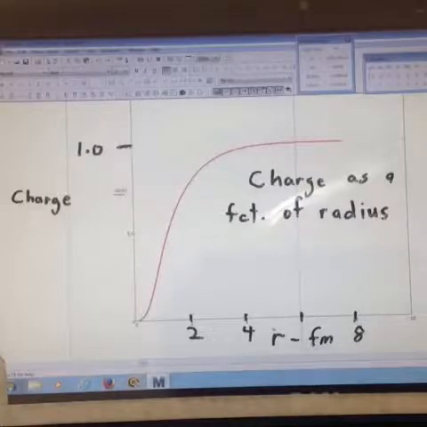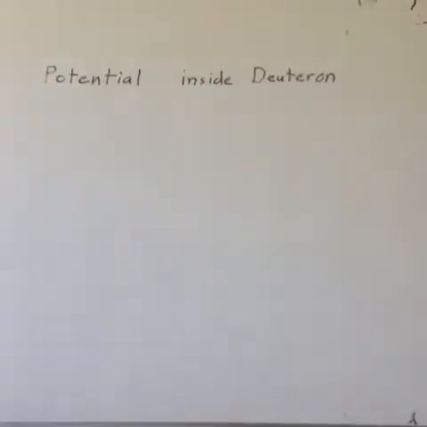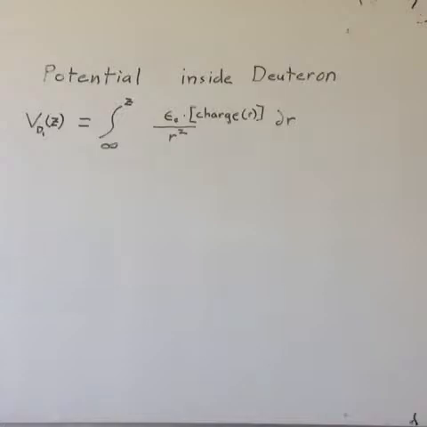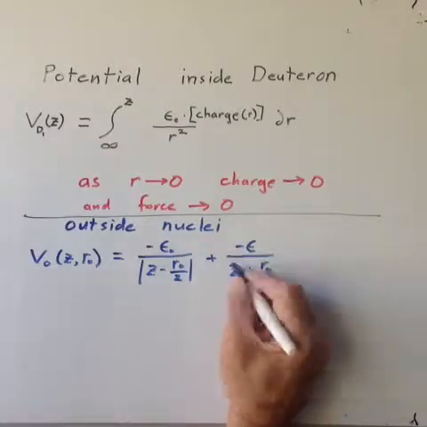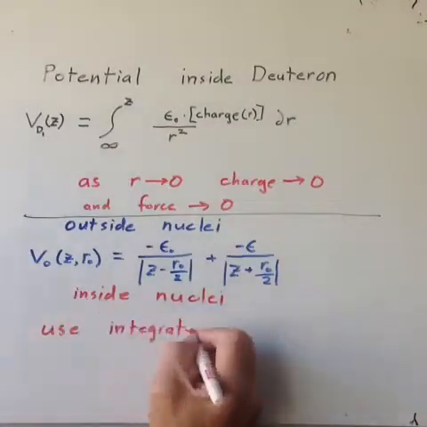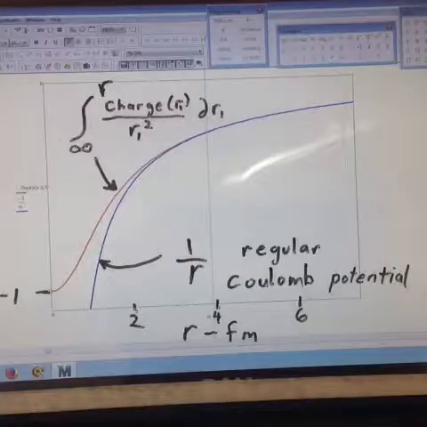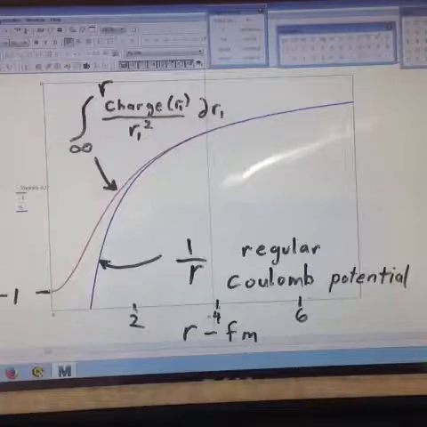The potential for the electron is then simply the Coulomb force with charge as a function of radius integrated from infinity to r. So outside the nuclei, the potential is just the normal Coulomb potential, and inside the nuclei, the potential comes from the integration of the changing charge due to Gauss's law. This slide shows the relative potential calculated in this way compared to the normal 1 over r potential.